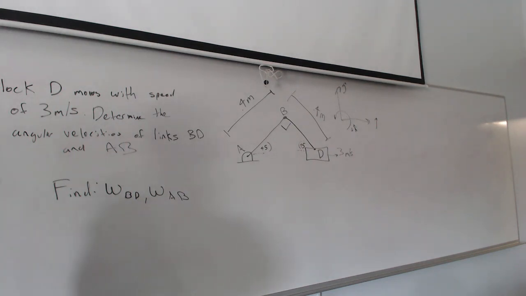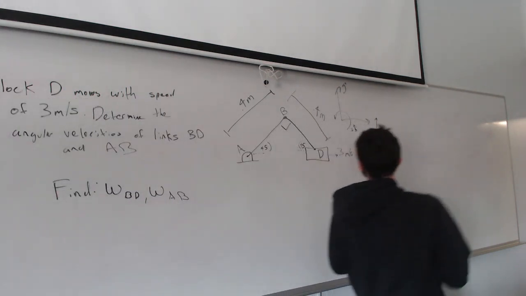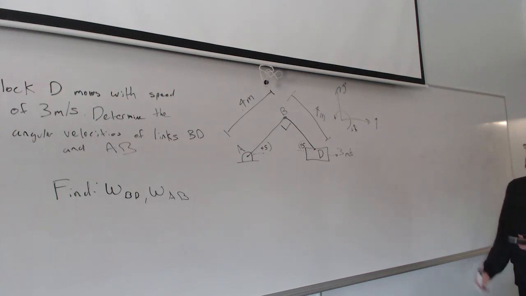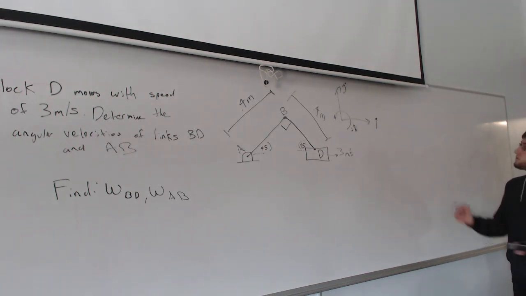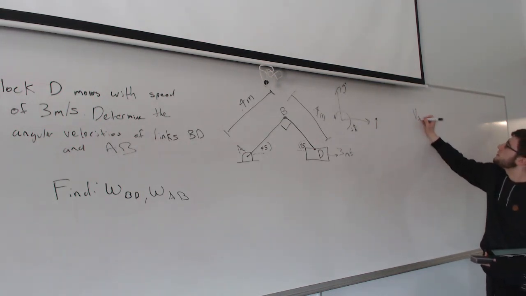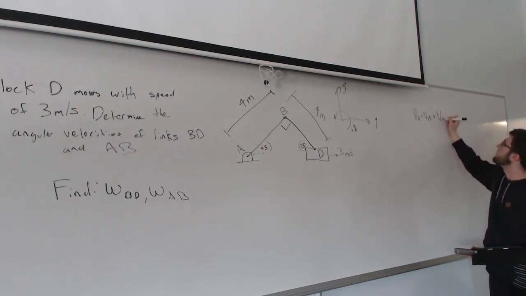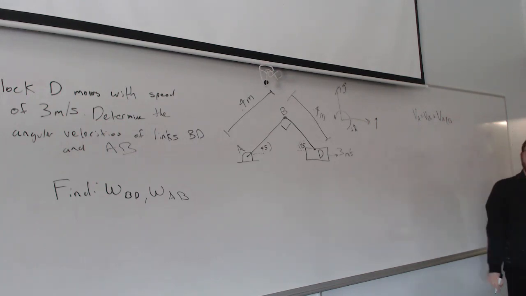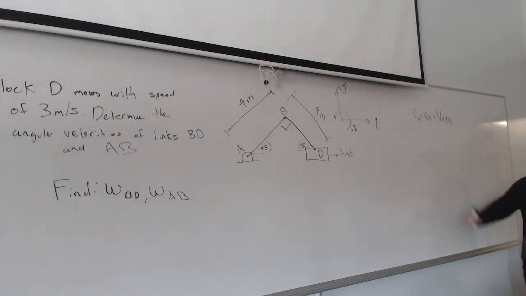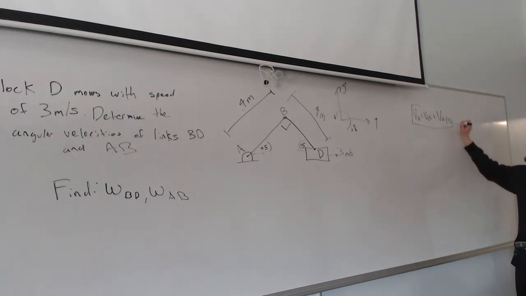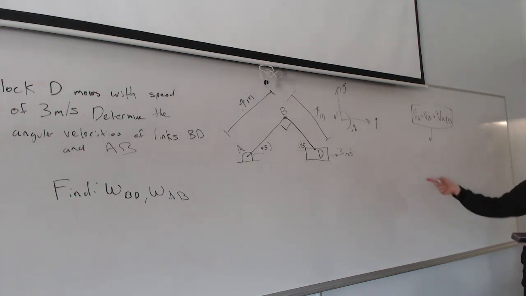So a good place to start, we're going to use this equation: velocity of A equals velocity of B plus the velocity of A with respect to B. So this is just the base equation, right? I'm going to ungeneralize this, rather, to our problem.